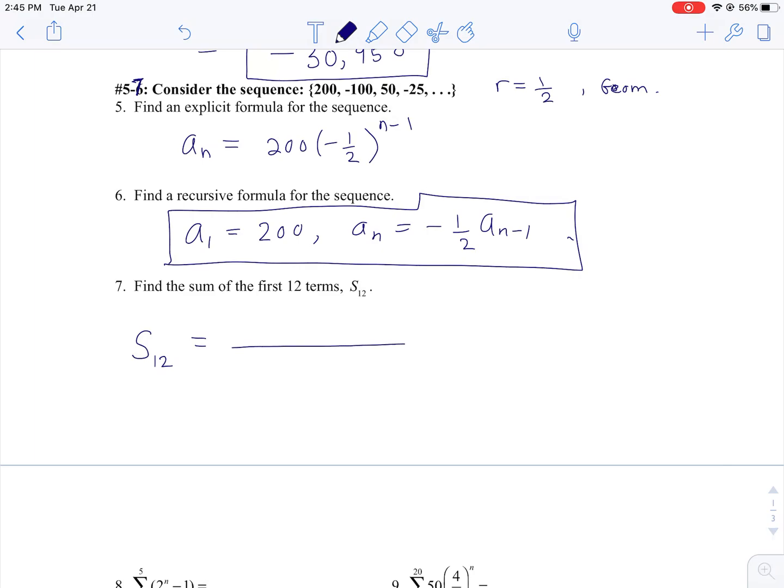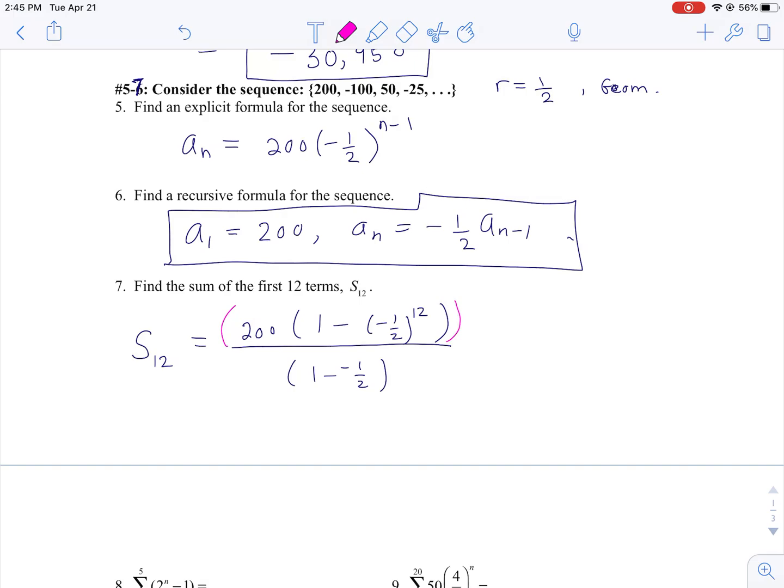again, it wouldn't take you long to just write out all 12 and add them up, but let's do it. We start at 200. That's our first term. It's 1 minus the common ratio, which is -1/2, to the 12th. And then we're going to divide by 1 minus negative 1/2.